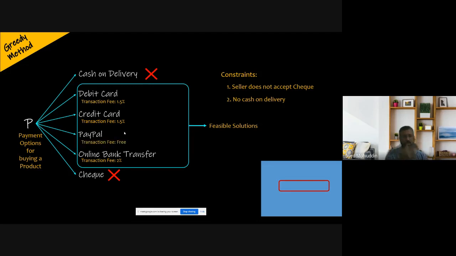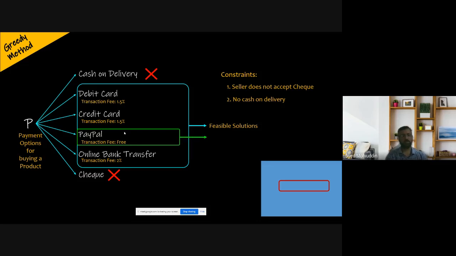PayPal, whereas, assume that it is free. There is no transaction fee required for PayPal. So what is the best solution in this case? The best solution is using PayPal because it doesn't cost more because of the transaction fee.